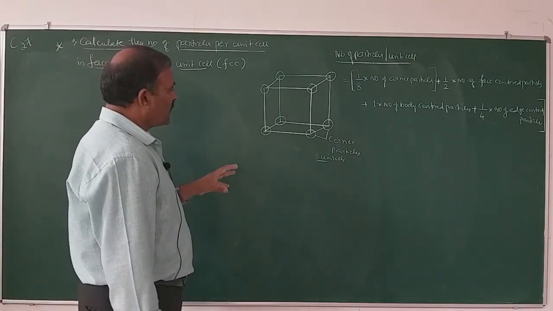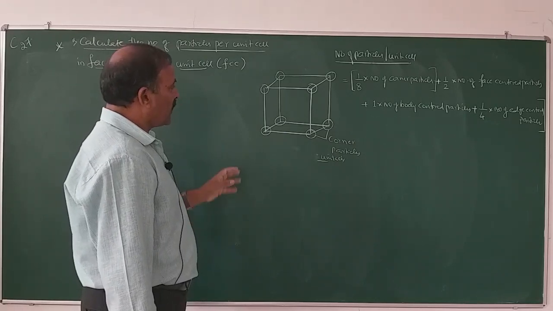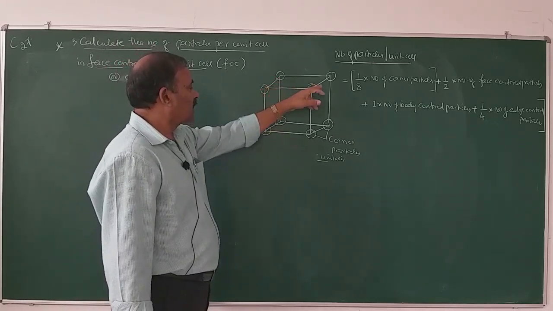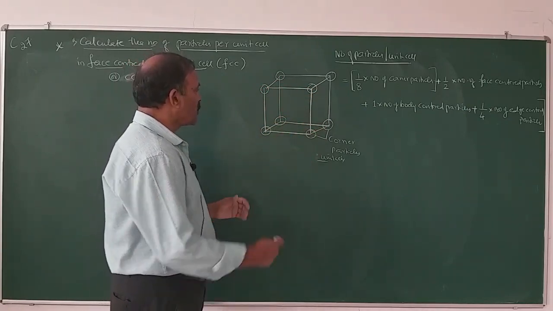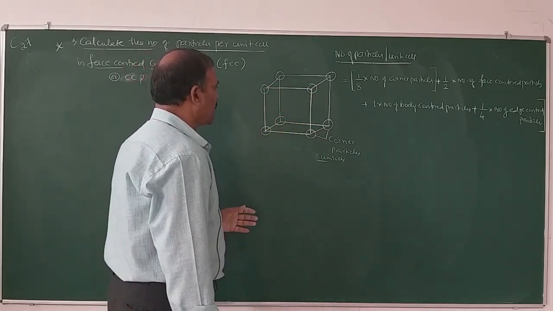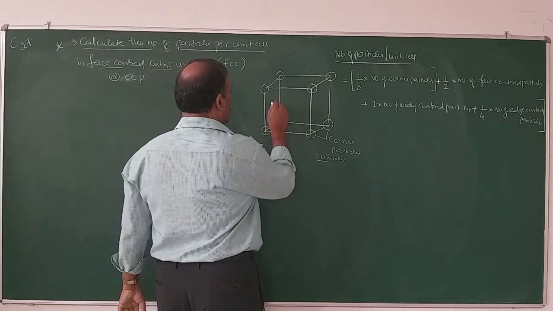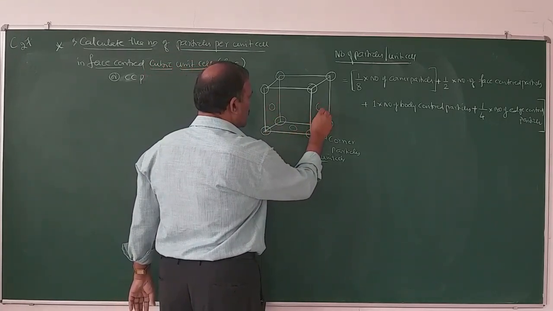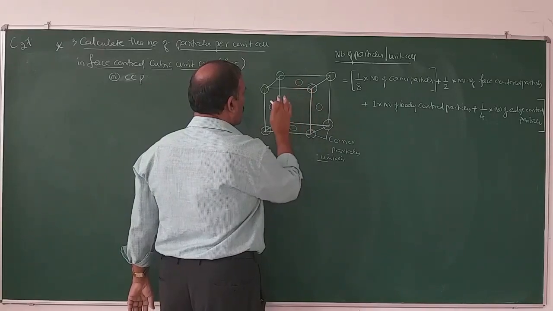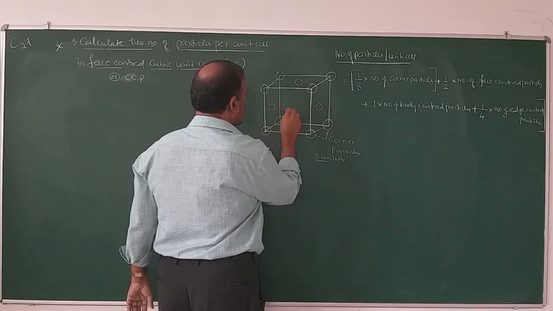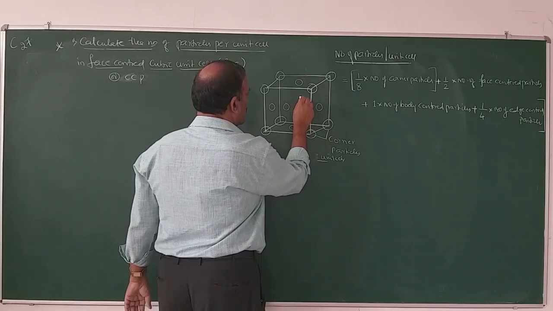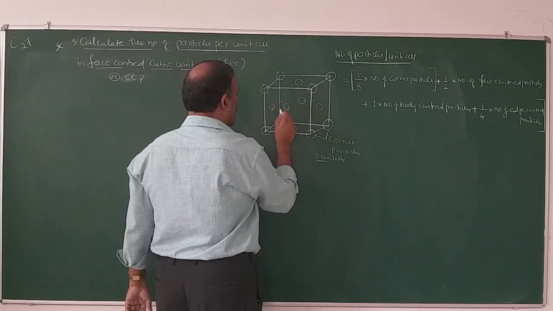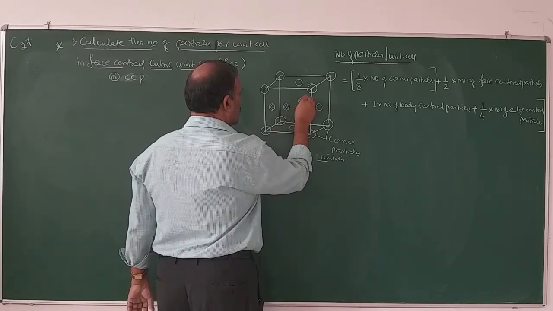So in face centered unit cell, where are the points? Points are present at the 8 corners and also at the center of 6 faces. So this is face number 1, face number 2, face number 3, face number 4. This face center is this one, this face center is this one. So totally how many corner particles are there?